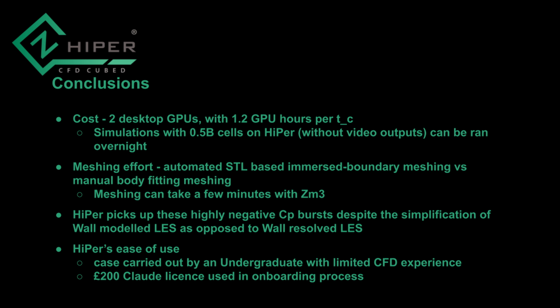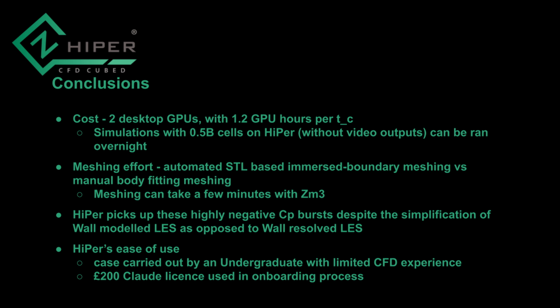So, what can we take from this? Cost-wise, I did this on 2 off-the-shelf desktop GPUs, which gave me 1.2 GPU hours per convective time unit. This meant that simulations with 500 million cells on HiPer without the video outputs can be run overnight.